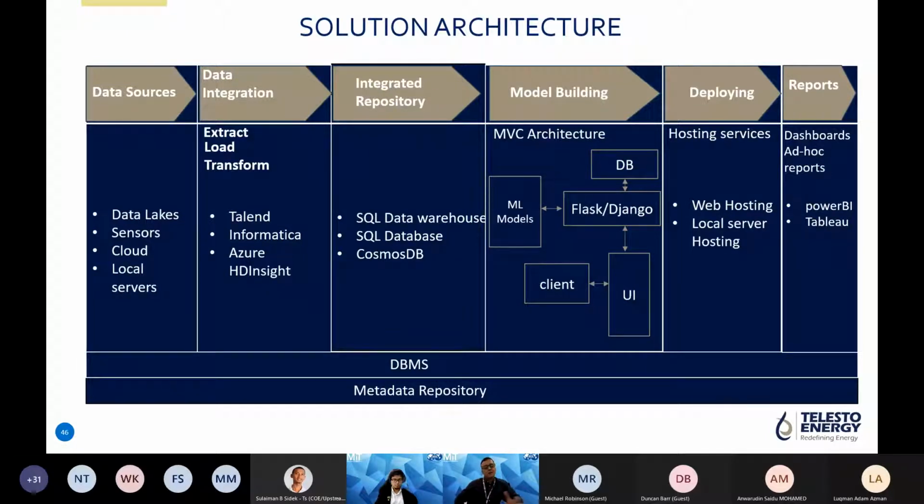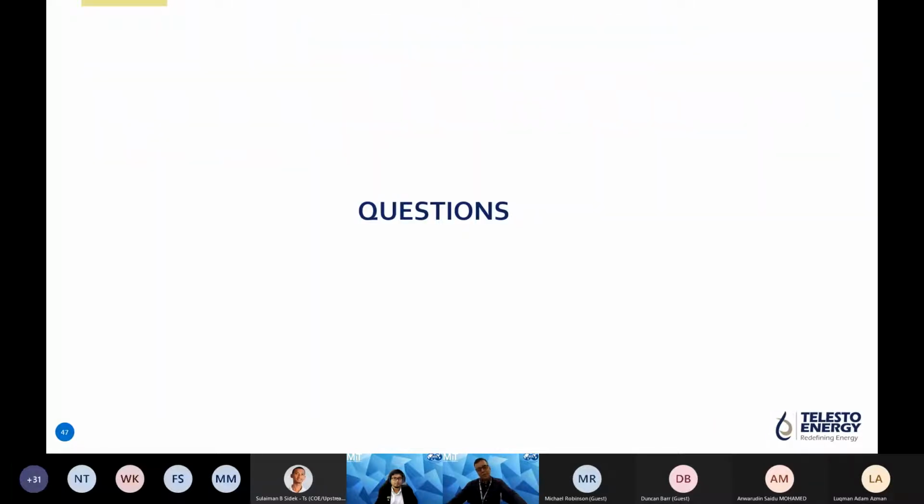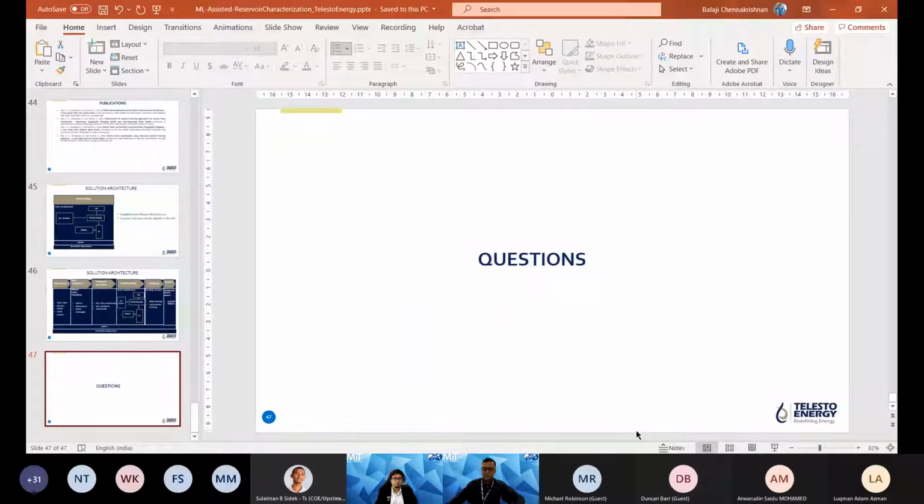Essentially, the data source is a cloud or local server, and for the integration, we bring the data using ETL tools like Talend, Azure, Informatica, and then we apply these machine learning models, and this output can be taken into any of the existing software and applied. Thank you very much for your patience, and I'm open to questions and any discussion.